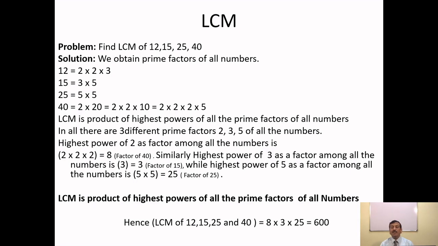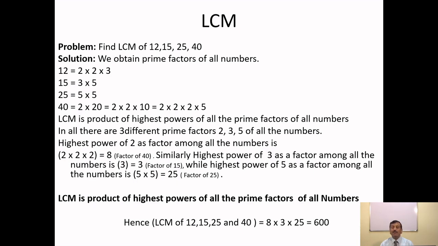Similarly, the highest power of 3 as a factor among the numbers: look, at 12 it is 3 raised to 1. At 15, it is 3 raised to 1. At 25, it is 3 raised to 0 because there is no 3. At 40, again it is 3 raised to 0 as there is no 3. And therefore, the highest power of 3 happens to be 1, that is 3 raised to 1.